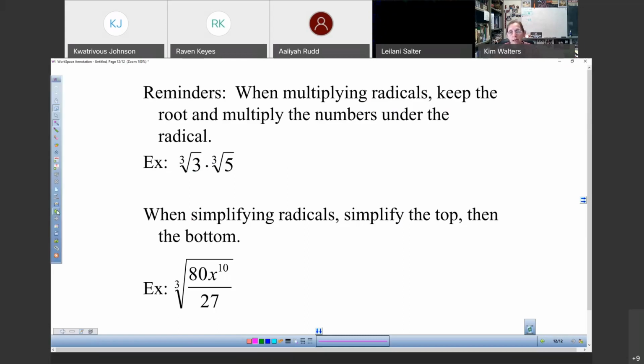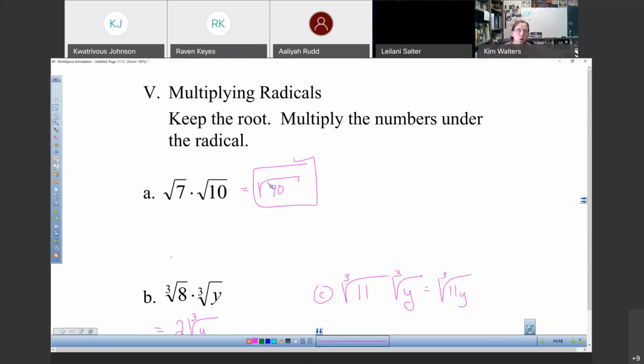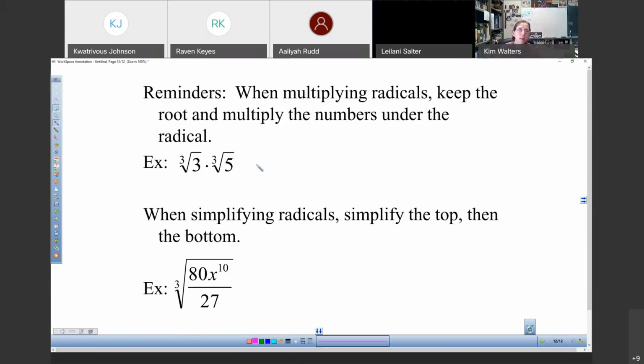So just like on this problem, square root times square root becomes square root, cubed root times cubed root becomes cubed root, and I multiply those 2 things together. And that's my final answer, okay? So my answer is, I just keep that cubed root, I'm multiplying. I'm not talking about adding anything else, I'm multiplying, okay?